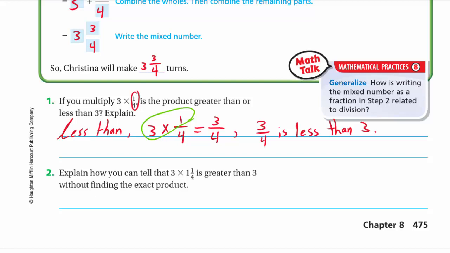So we know that 3 multiply 1 equals 3. So if we increase this one, so if it's now 3 multiply 1 and 1/4, it will be greater than 3.